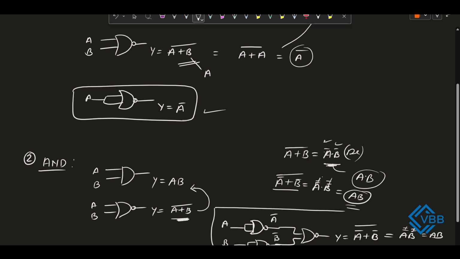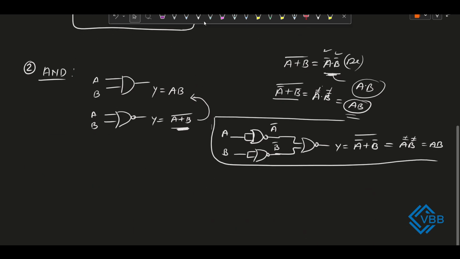Okay. So now let's see our last basic gate implementation using NOR gate, that is OR gate. Okay. So as we all know, NOR gate is nothing but it is a complement of OR gate. Okay.